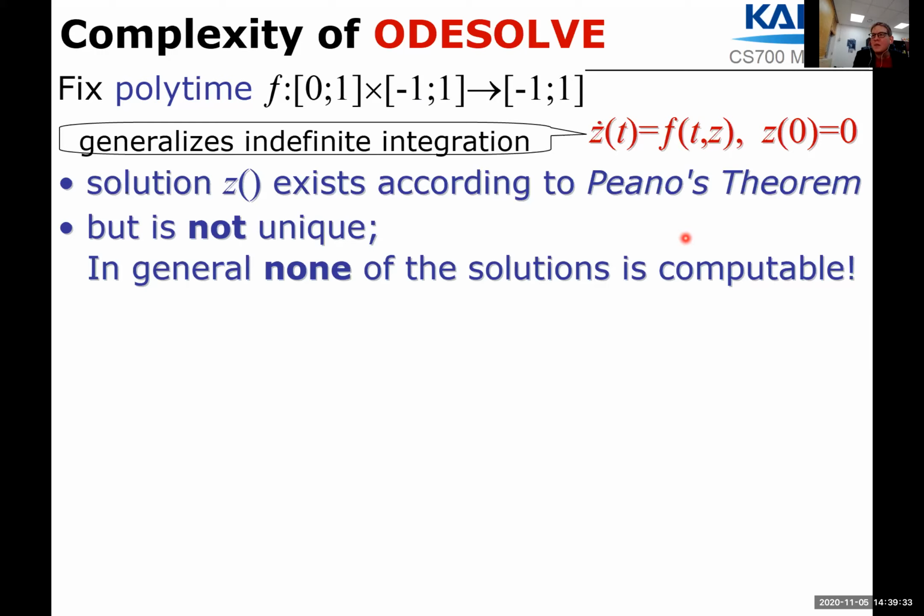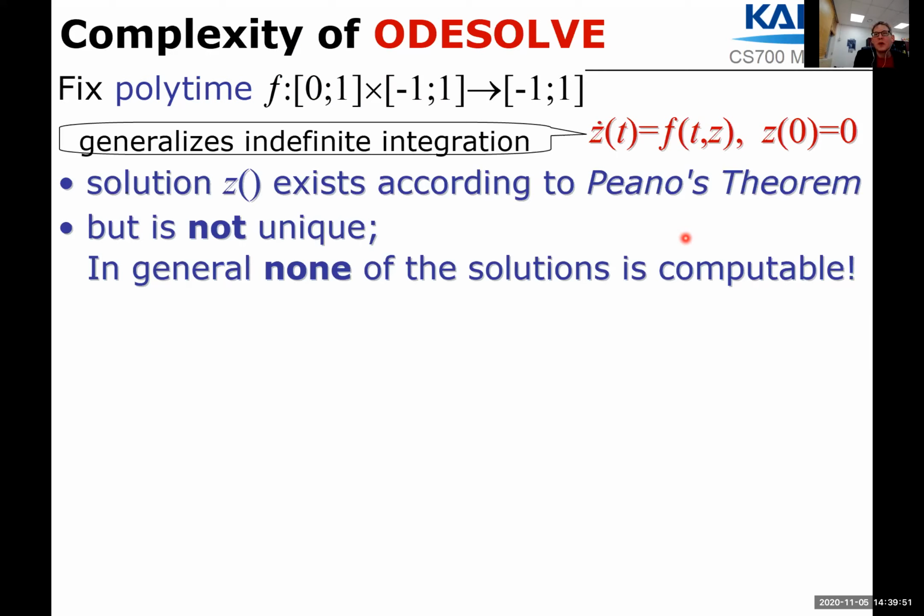Indefinite integration, Riemann integration, is mathematically well defined for every continuous function. And we know that if the function under consideration is fixed and computable, a polynomial time computable, then it is continuous and therefore has an antiderivative.